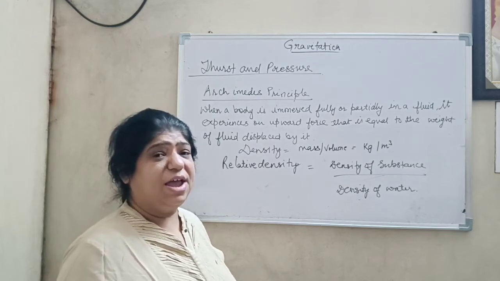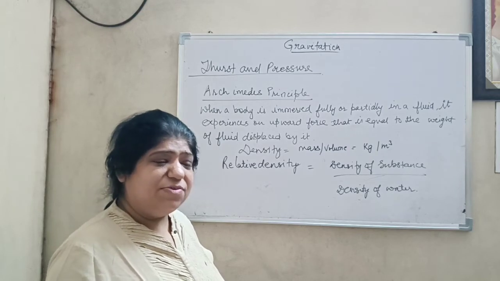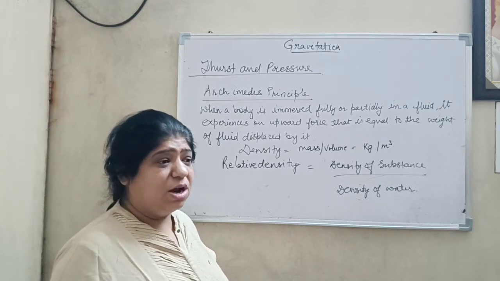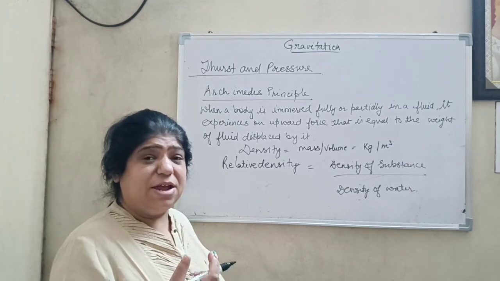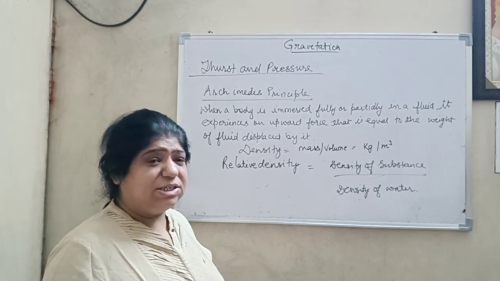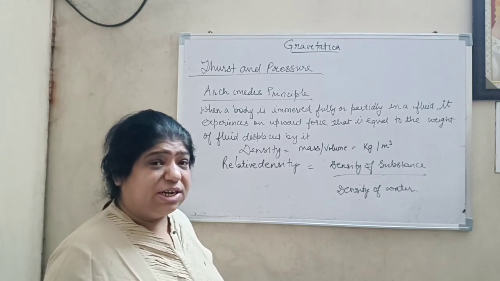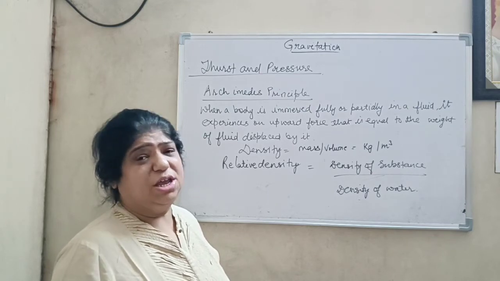Why? The thrust is equal. When you are standing and when you are sitting, the thrust is equal. But when you are standing, the pressure is applied only on the area of your feet. But when you are sitting, the pressure is applied on the contact area of your body.